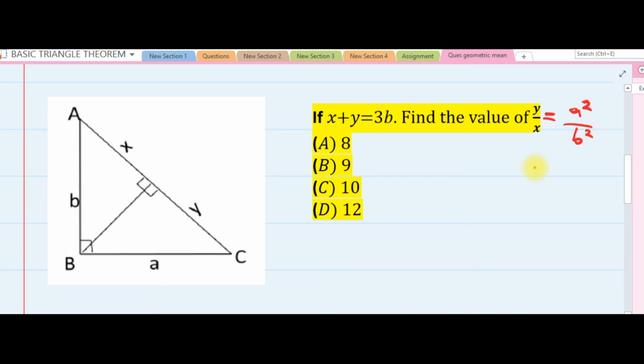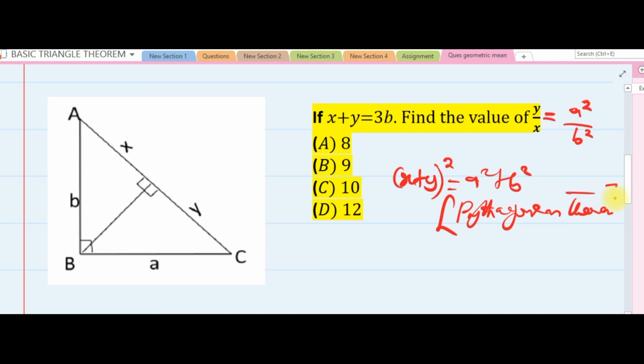So let's now get a squared and b squared. From the diagram again, x plus y is the hypotenuse. So from the Pythagorean theorem, x plus y squared must be equal to a squared plus b squared.